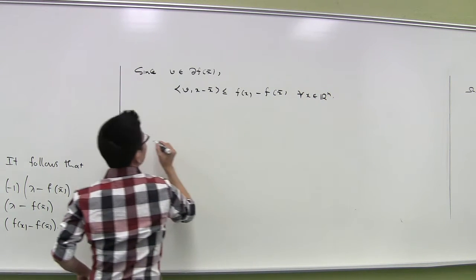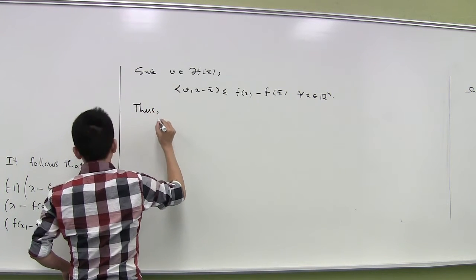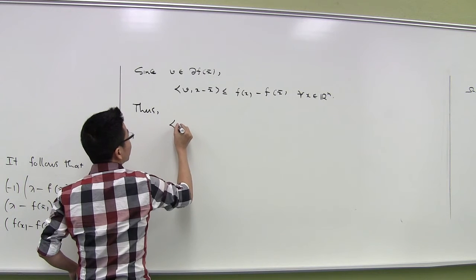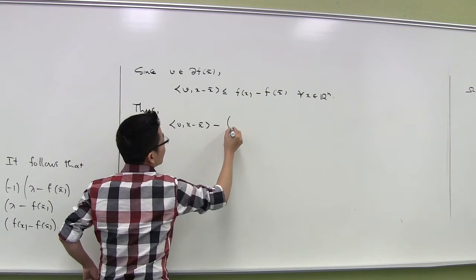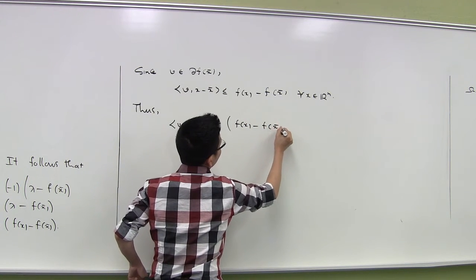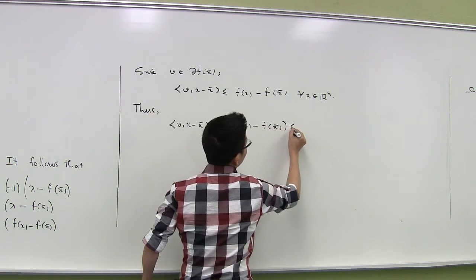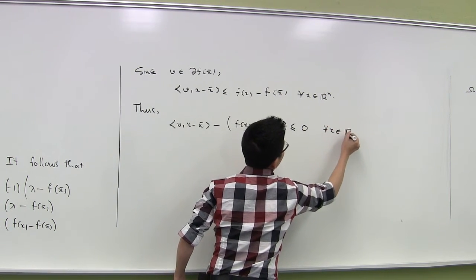Thus, the inner product of v and x minus x bar minus f of x minus f of x bar is always less than or equal to 0 for all x in Rn.